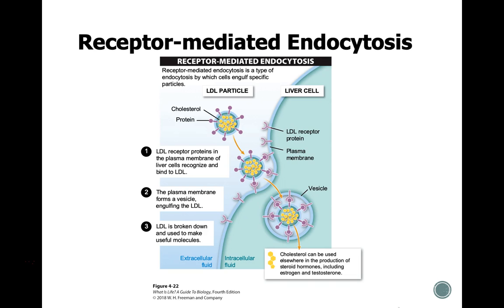So there's a lot of uses for cholesterol in the cell. There are different types of receptor molecules. So one receptor might be for insulin, another for cholesterol, but the point of them is to make sure that the cell brings in the molecules that they need.